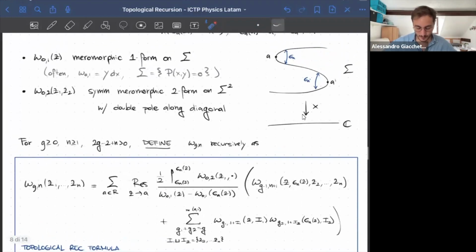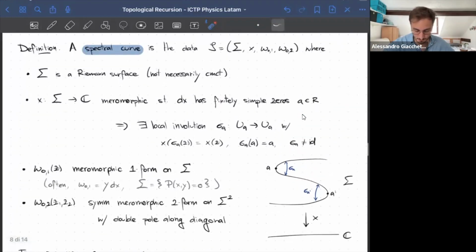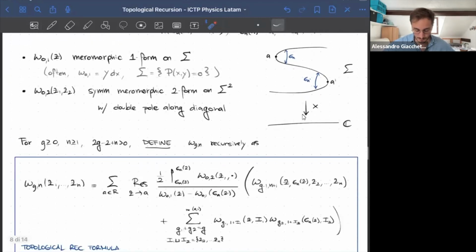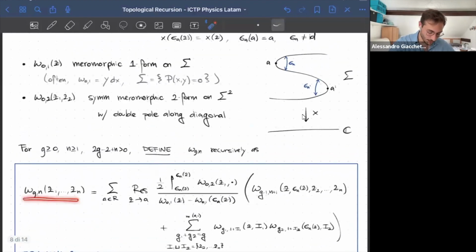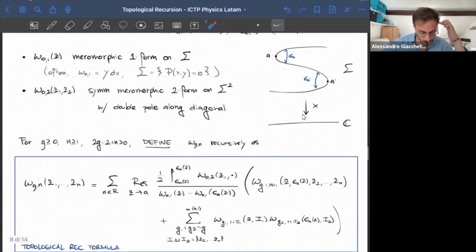You have a generic bunch of data, sigma, x, omega 0,1, omega 0,2, and out of this you define these omega g,n with this recursive formula. All right. And this is the topological recursion formula that specializes to the recursion for these Weil-Petersson polynomials or JT correlators when you take x and y to be those specific ones that I gave before.